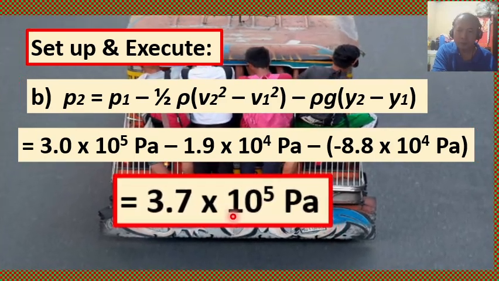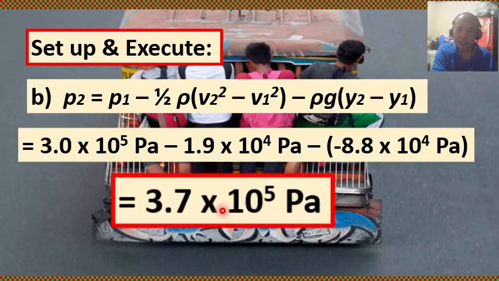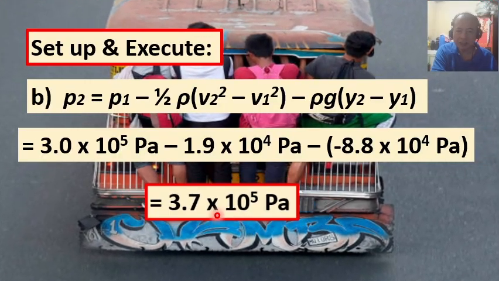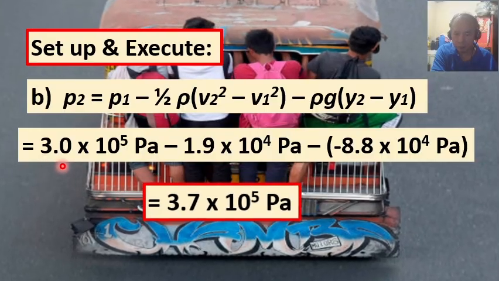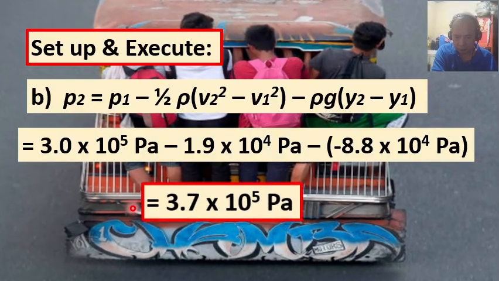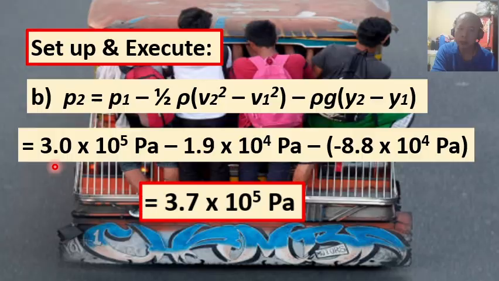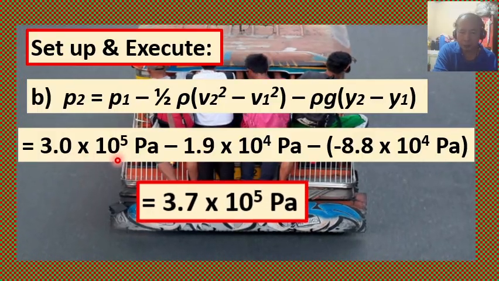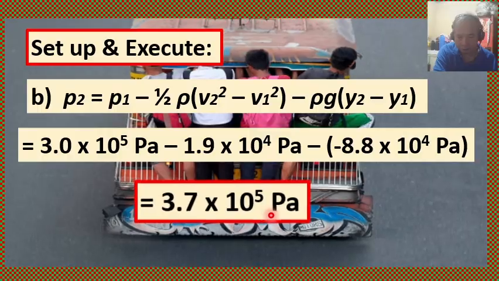So notice that the value of P2 is greater than the value of P1, P1 being equal only to 3.0 times 10 to the 5th power Pascal.